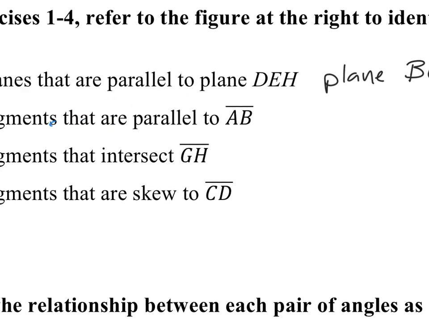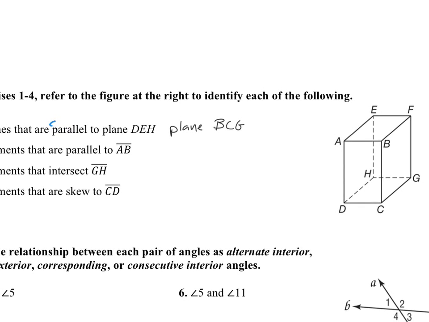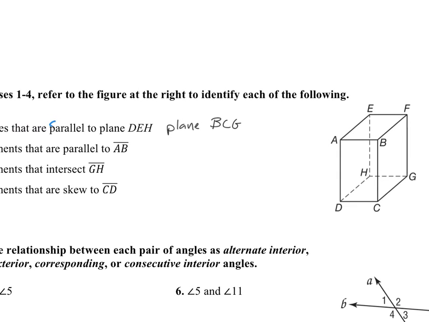Let's take a look at number 2. It says all segments that are parallel to AB. So I want to think about all the lines that aren't going to touch AB. Now here's AB. It's right here. I know that EF is not going to touch AB, so I'm going to write EF.